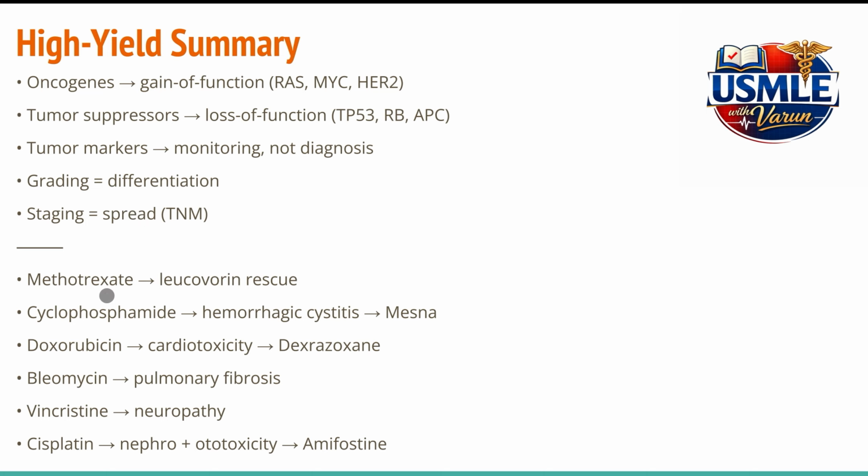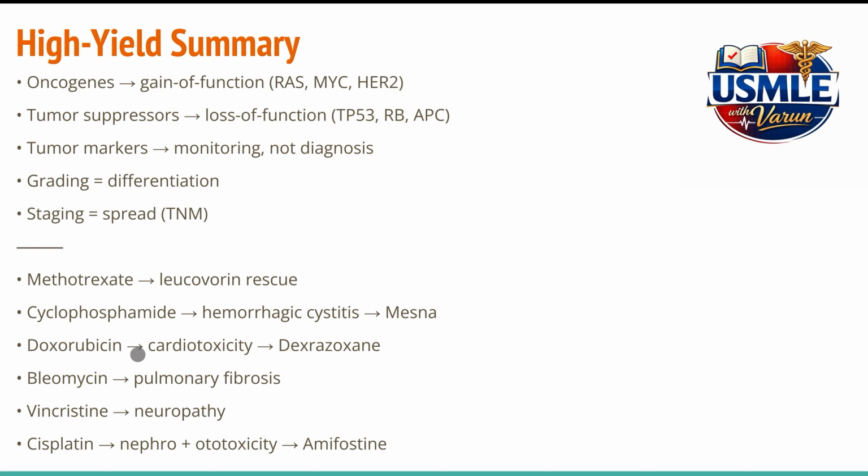Now, let's also quickly summarize a few drugs. Whenever we give methotrexate, we need to consider using leucovorin as a rescue therapy to prevent myelofibrosis. Whereas cyclophosphamide is concerned with hemorrhagic cystitis because of a toxic product called acrolein. And the preventive therapy that we have to use alongside cyclophosphamide treatment is a drug called mesna.